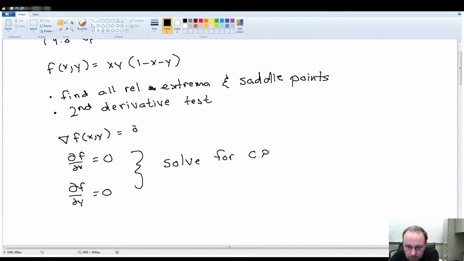I'll just label them CPs, critical points. So those are candidates in the domain of our function, at which we have maxes, mins, or saddles.